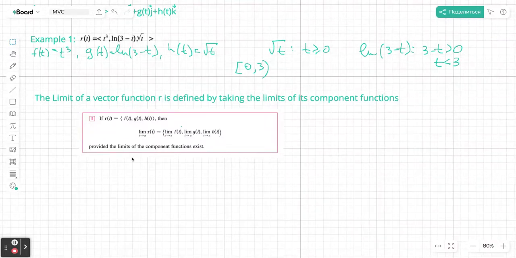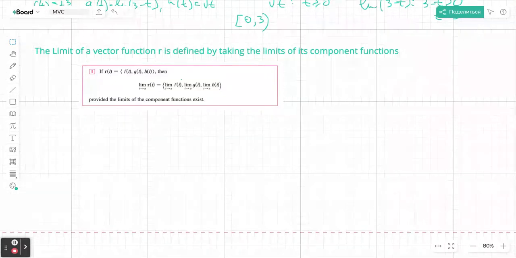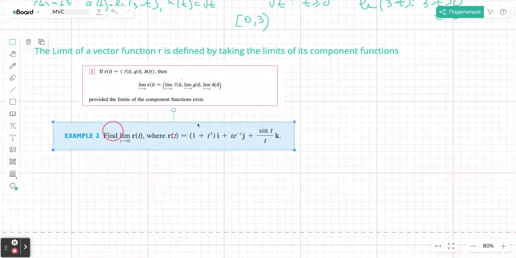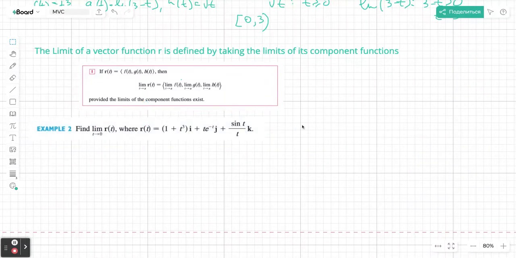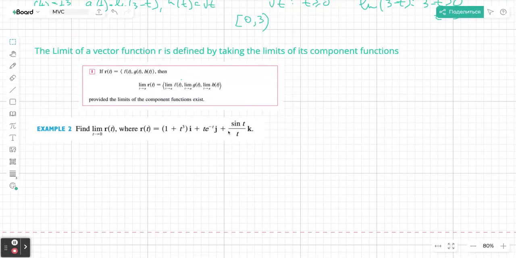Let's take a look at another example. Example number 2 is to find the limit of r of t, where r of t is 1 plus t cubed i plus t e to the negative t j plus sine t over t k, and the limit when t approaches 0.